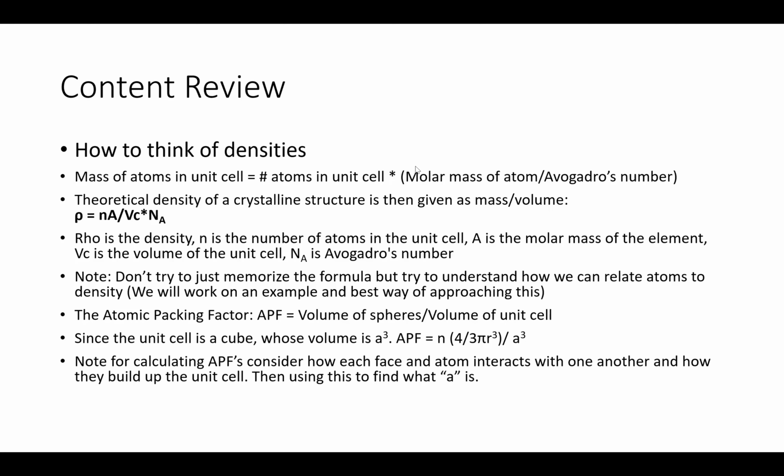The molar mass would be in grams per mole, and then the number of atoms would be your moles. So then you end up with the mass of the atom. So this would be unitless. It's purely a scaling relationship that they found.